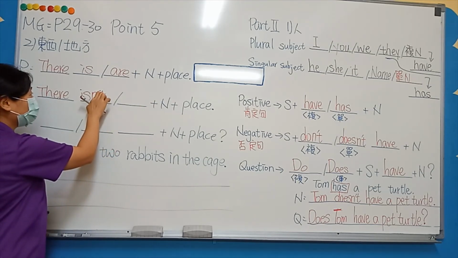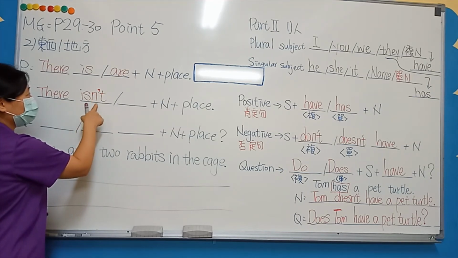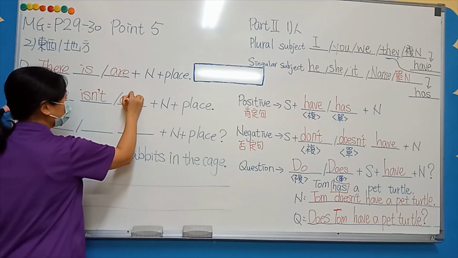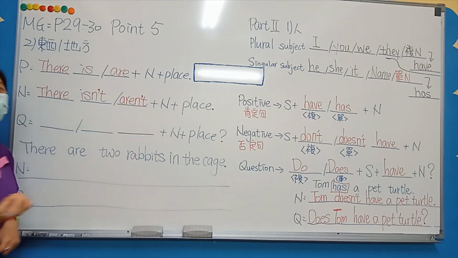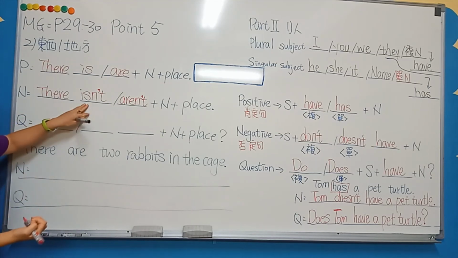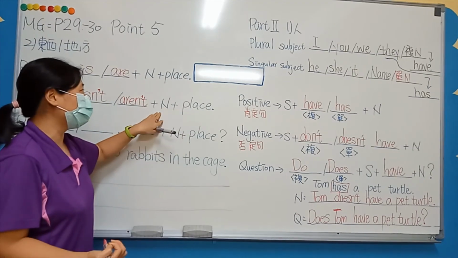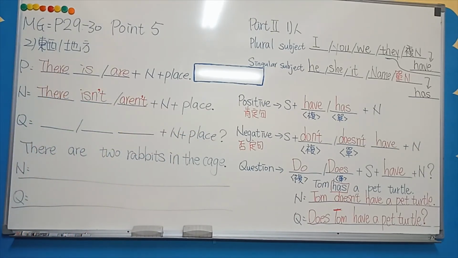And don't forget, this one is an apostrophe T, like this one. Here, the same. Aren't. Okay? There isn't, there aren't, plus place. Okay now? Question sentence.